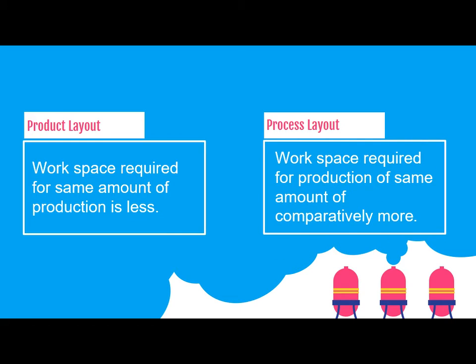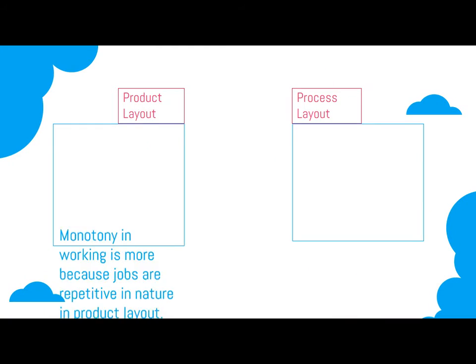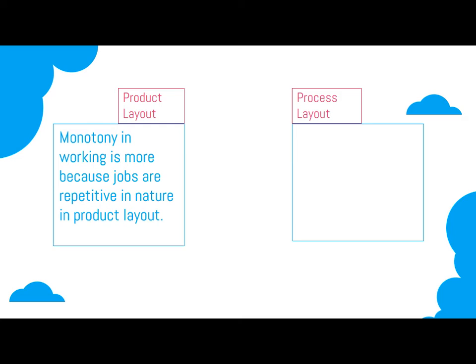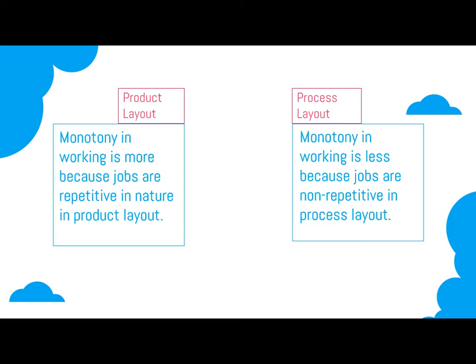Workspace required for production of the same amount of products is comparatively more in process layout. Monotony in working is more because jobs are repetitive in nature in product layout. Monotony in work is less because jobs are non-repetitive in process layout.